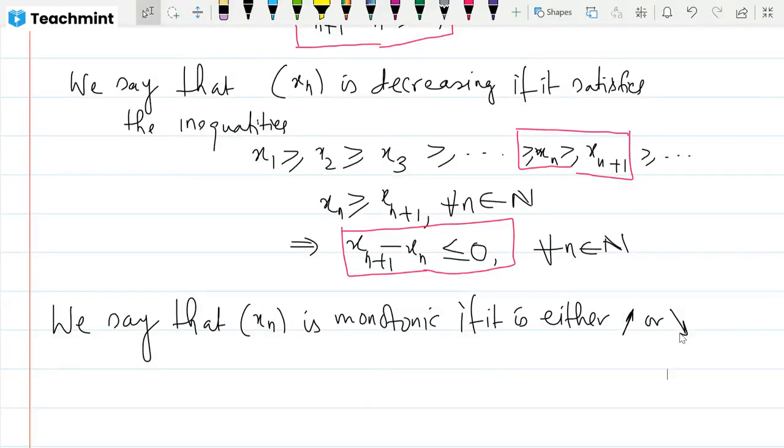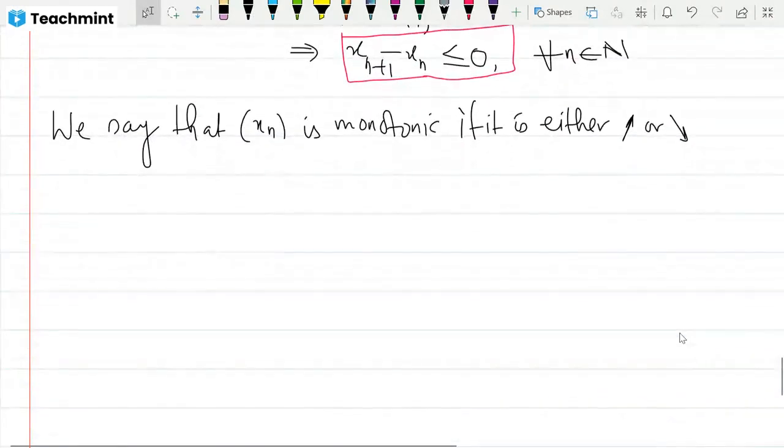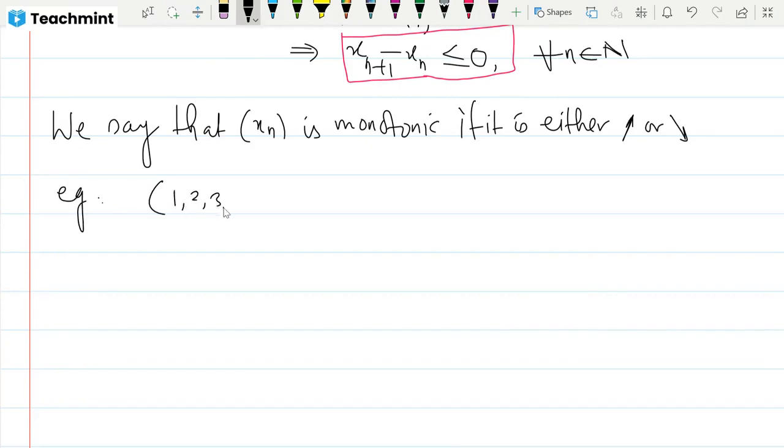Okay, quickly I will write 2 to 3 examples on monotonic sequences. So first example, it's a trivial example. The sequence, say 1 2 3 4, is an increasing sequence. Agree?